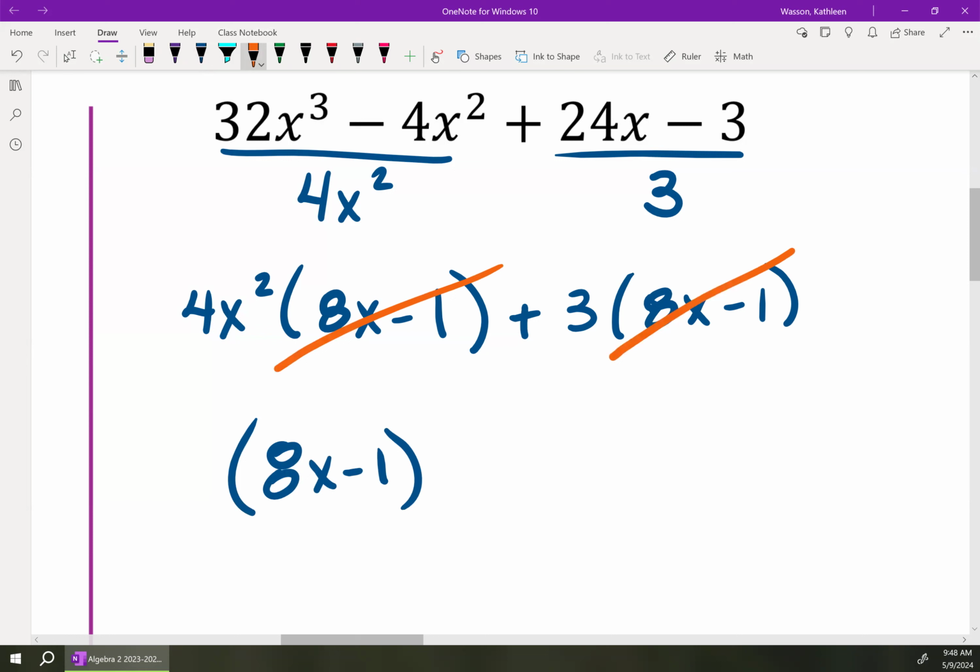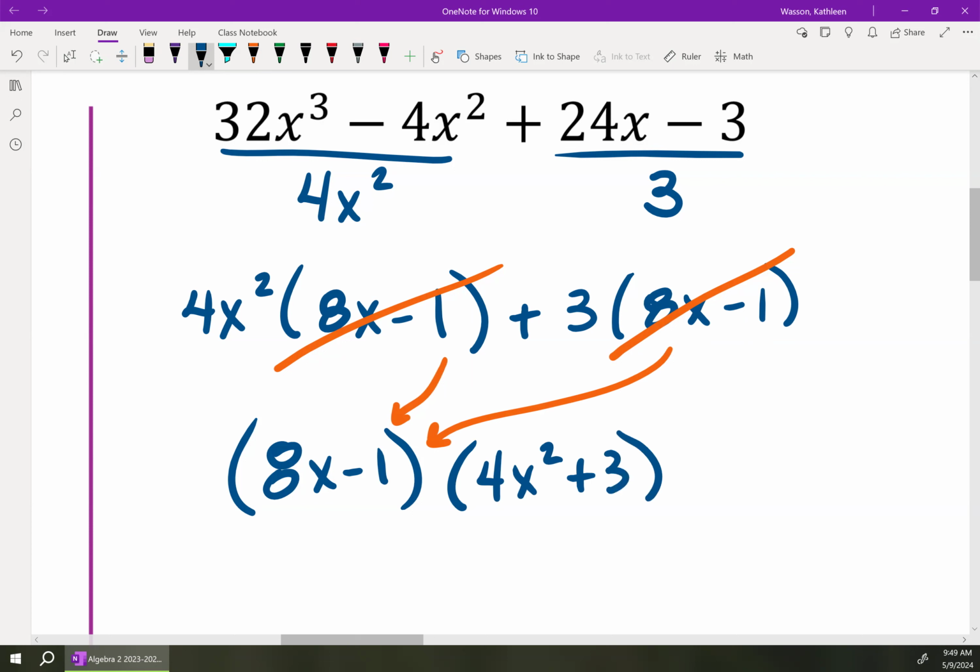If we divide the entire polynomial by 8x minus 1 and then also multiply to balance, that's where this comes from. And you can write it that way if it makes it a clearer path for you. But what happens is this common binomial is one of your factors, and the stuff that's left over is your other factor, 4x squared plus 3.